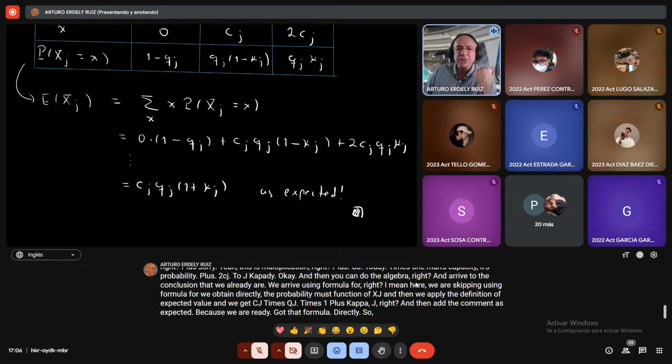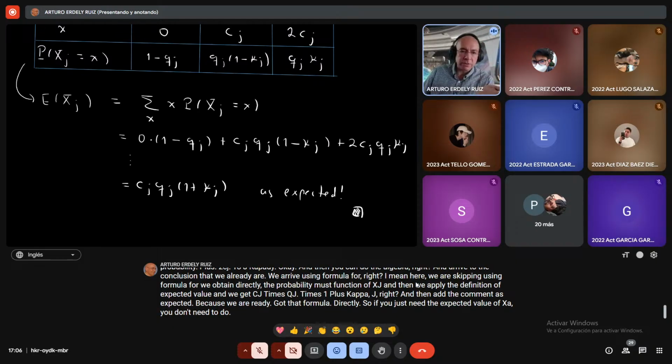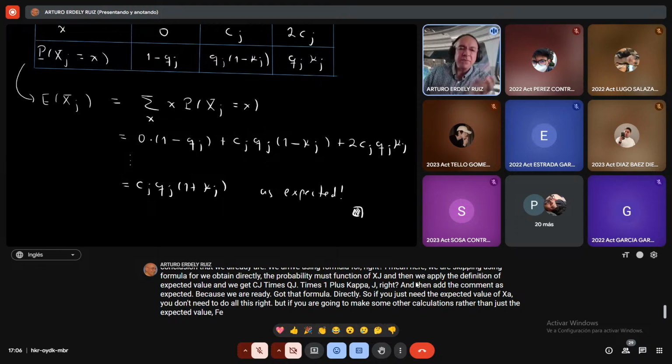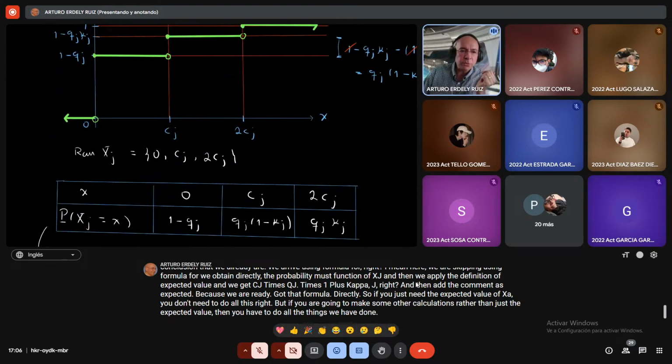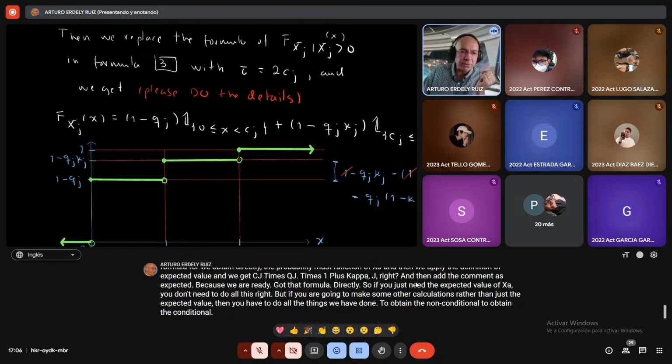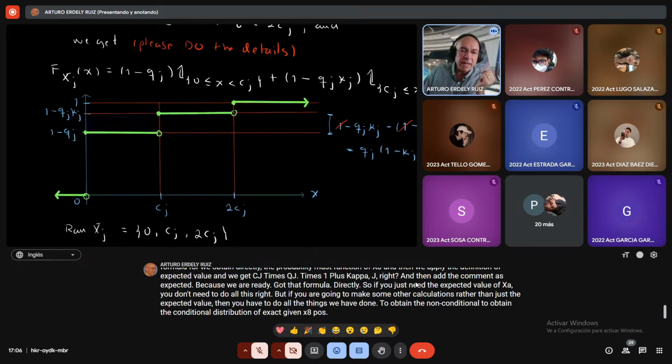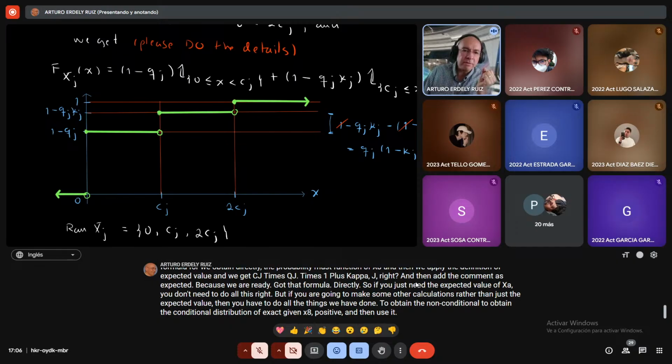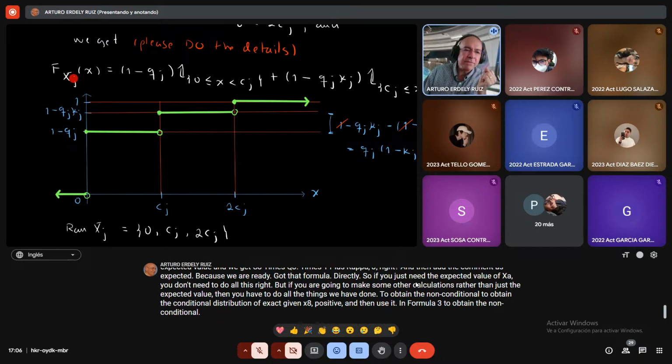So if you just need the expected value of xj, you don't need to do all this. But if you are going to make other calculations rather than just the expected value of xj, then you have to do all the things we have done: obtain the conditional distribution of xj given xj positive, and then use it in formula 3 to obtain the non-conditional CDF of xj.